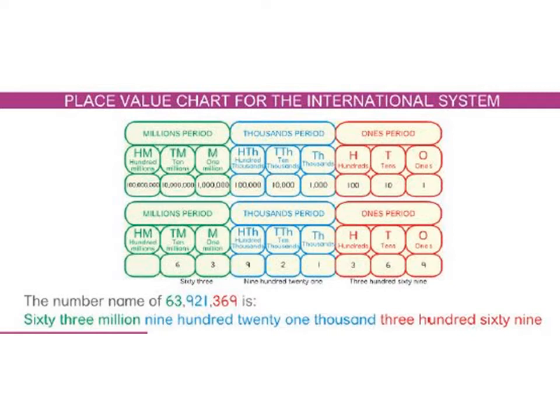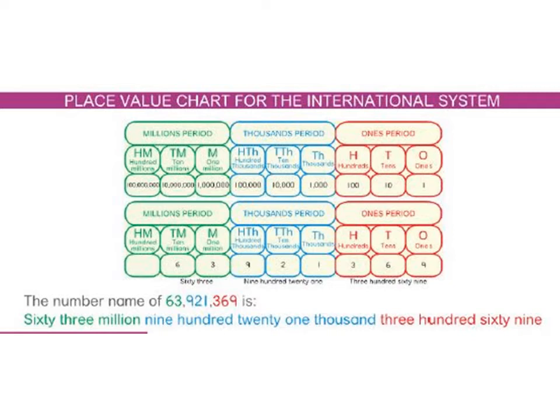Likewise 3 in 1 million position and 6 in 10 million position. So the number will be read as 63,921,369, and in numerals it will be written as 63,921,369.